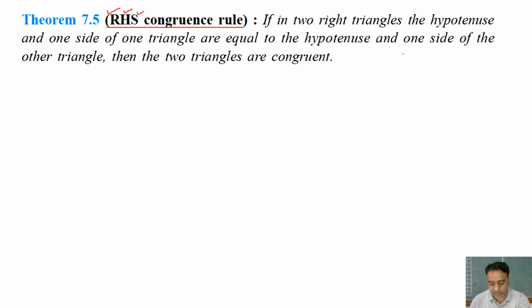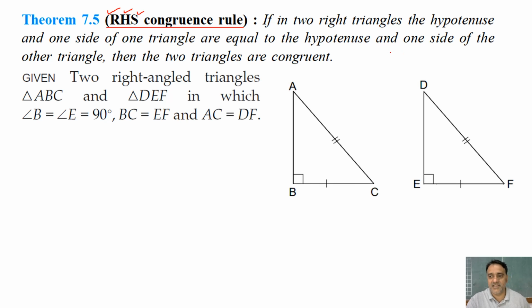We are going to prove this now. Given: two right angled triangles, angle ABC is 90 degrees and angle DEF is 90 degrees, and the hypotenuses are equal and any one side is equal; we took BC equal to EF, right? We have to prove both triangles congruent.